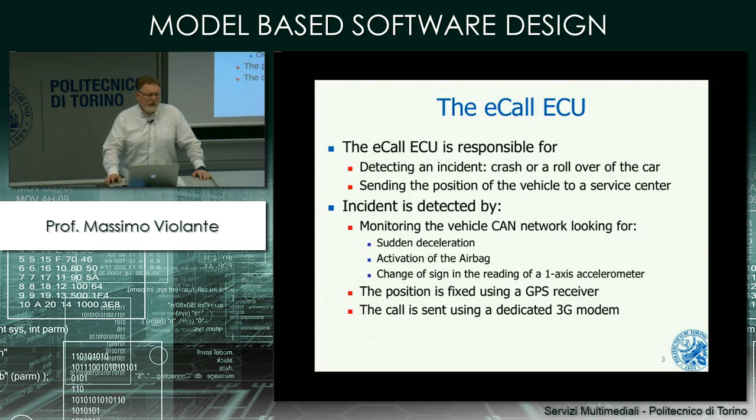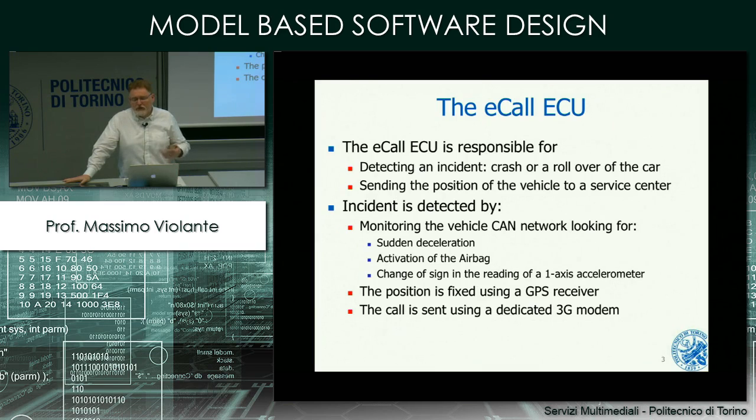We will not go into detail, but if you look on the web, you can find more information about the protocol used in this communication. You can see there that besides the position and the notification of the incident, there is a lot of information provided. For example, the typical number of passengers in the car.